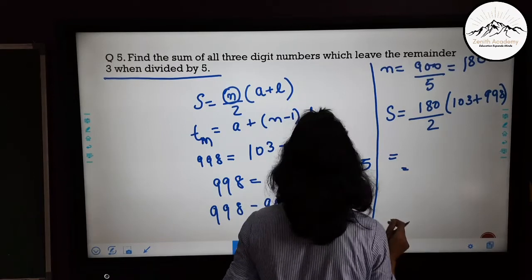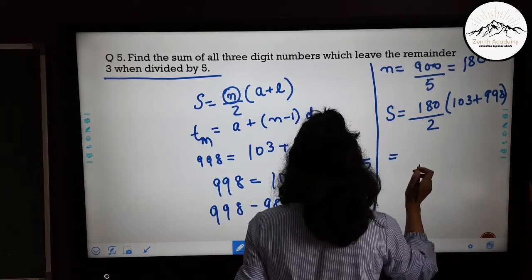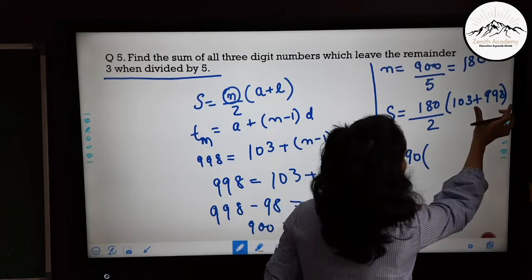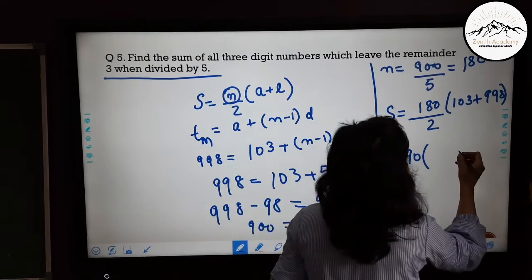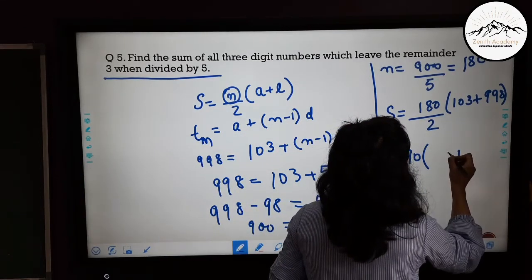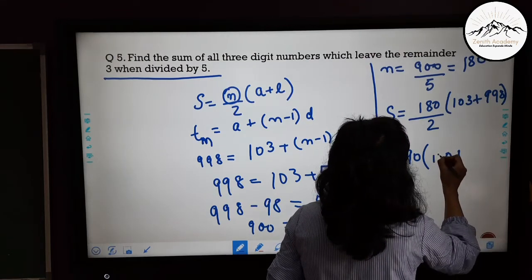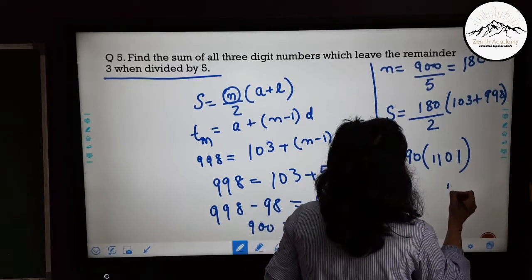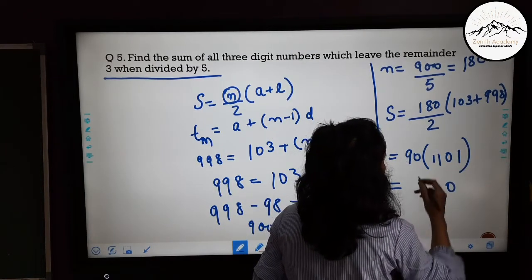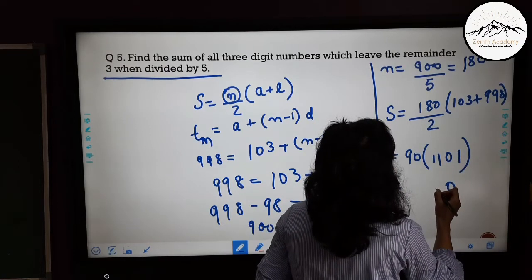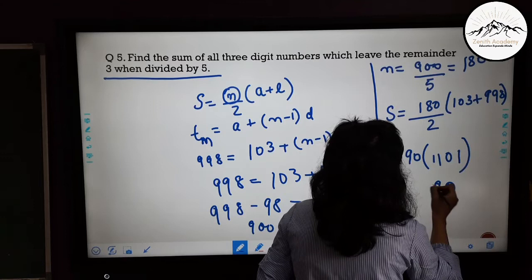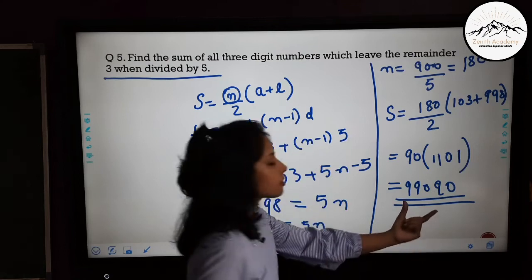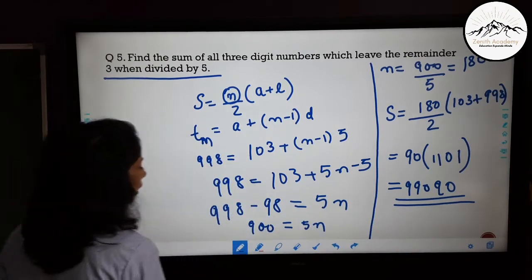So it will be 180 divided by 2, which will give us 90. 103 plus 998, we'll solve this, we'll get 1101. So multiplying 90 by 1101, we'll get the answer, and hence this is the sum of n terms of the AP.